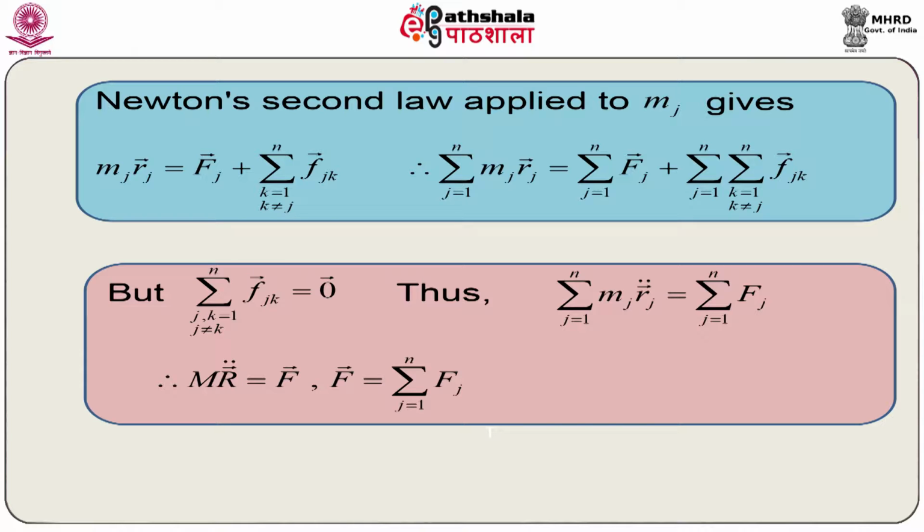For k equal to j, this will give 0, since action and reaction are equal and opposite. Summing up for j equal to 1, 2 up to n, we have this one, but we have already mentioned that this is equal to 0 by Newton's third law. Therefore, we get this result.